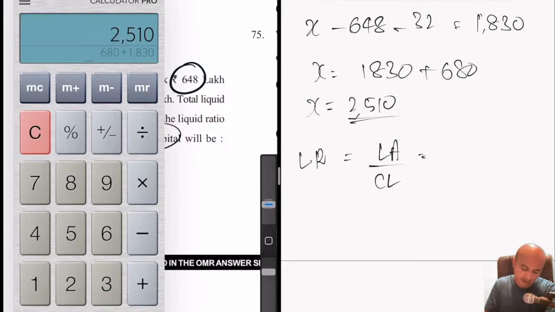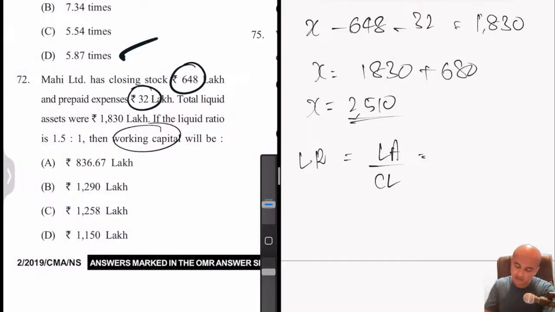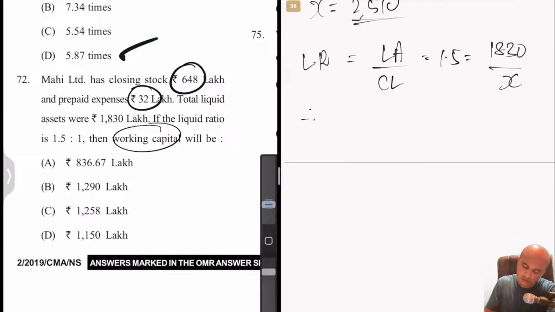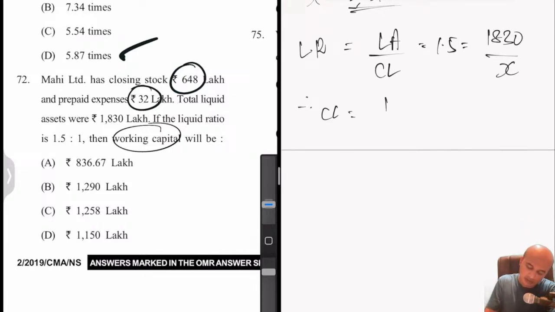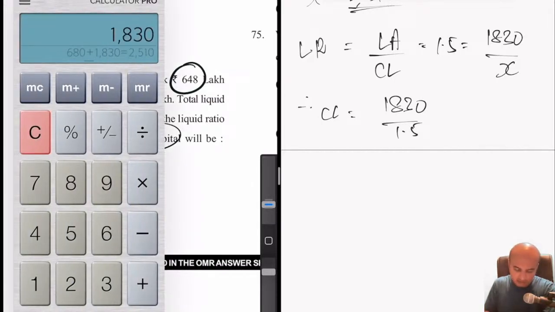So how much is the liquid ratio according to the problem? 1.5. So 1.5 equals liquid assets is 1,830 divided by X. So therefore current liabilities equals 1830 divided by 1.5, which will be 1220.